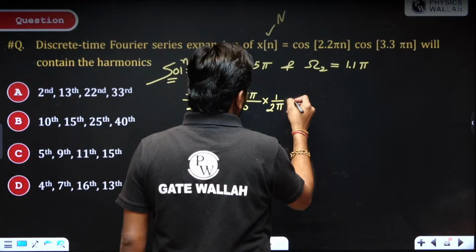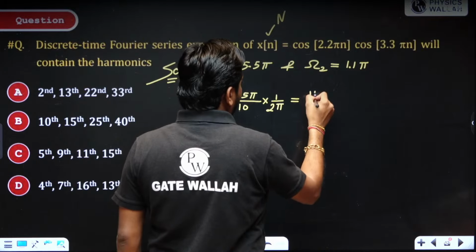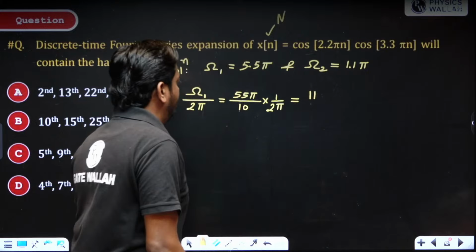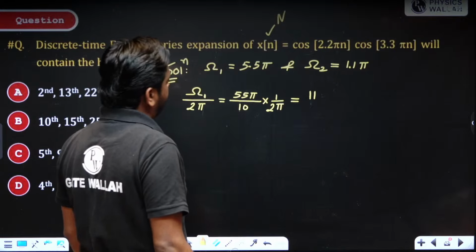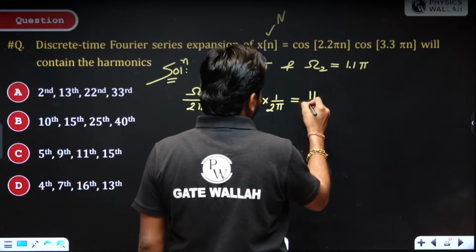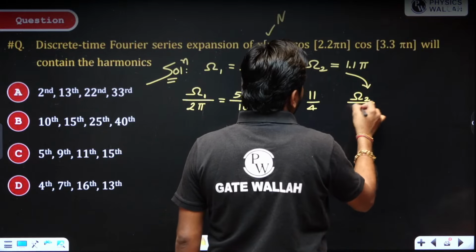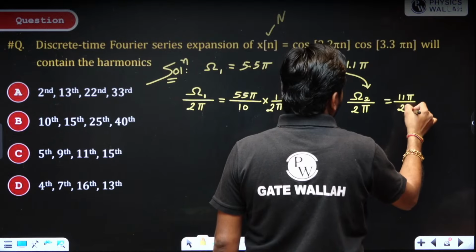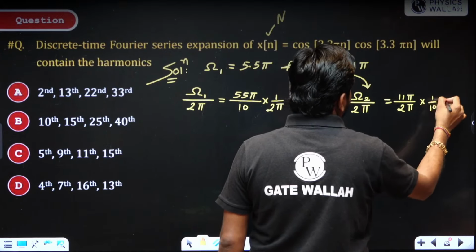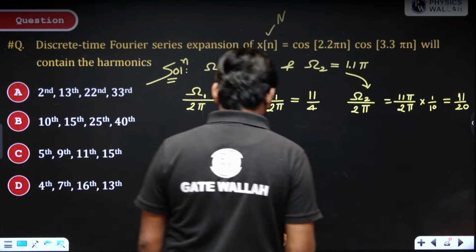This is nothing but 11 by 4, since 2 pi gets cancelled. For omega 2 divided by 2 pi, that is 1.1 pi divided by 2 pi, this is 11 by 20.